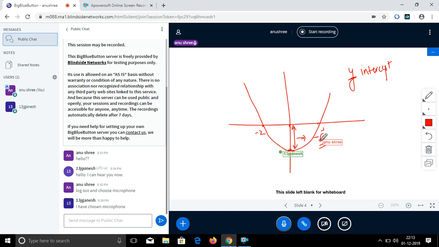But was the root where the graph intercepts the x-axis? Yes. Okay, so this one.